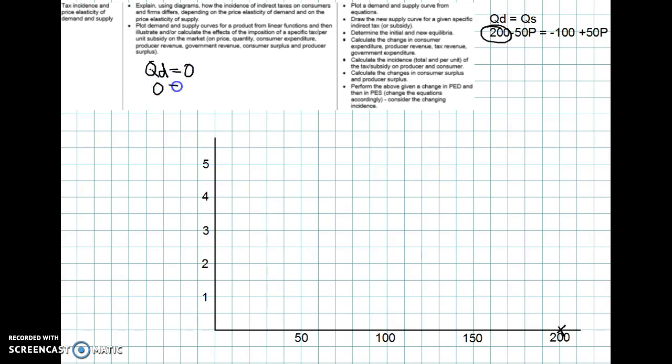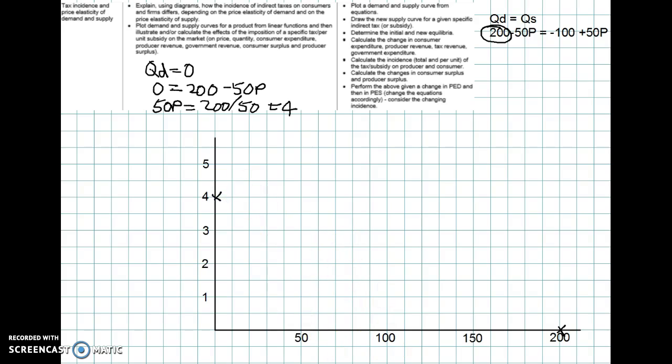So 0 equals 200 minus 50p, and then we add the 50p to each side, so that becomes 50p equals 200. To leave the p on that side we divide by 50, and that leaves us with 4. Okay, so we've got the second point, so we've got our demand curve.